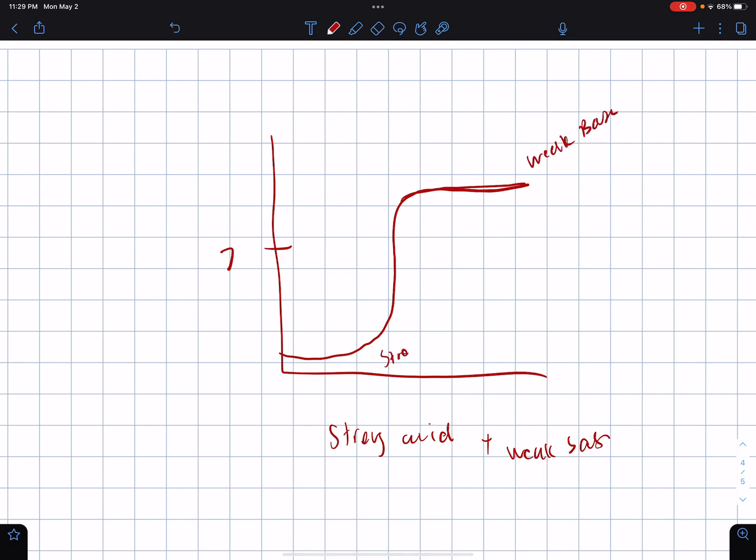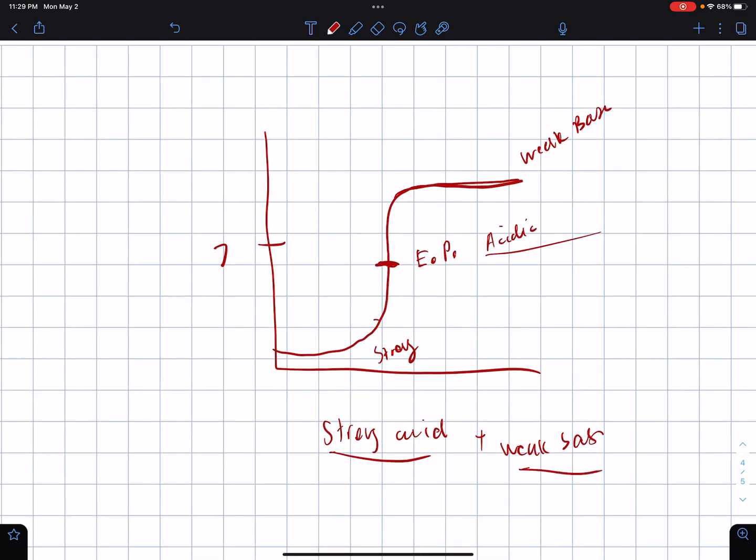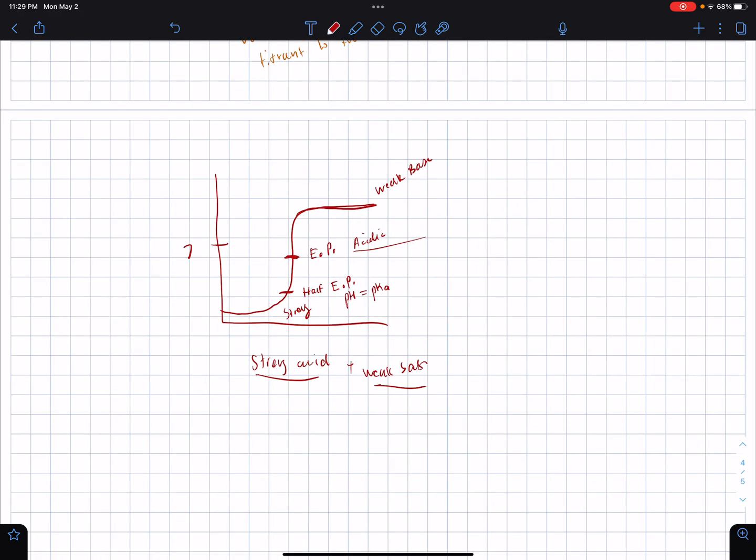So we have strong acid, weak base. Our equivalence point is less than 7, so we have an acidic equivalence point, which makes sense because we have a stronger acid than the base. And again, we have our half equivalence point where, as we just reviewed, the pH is equal to the pKa.